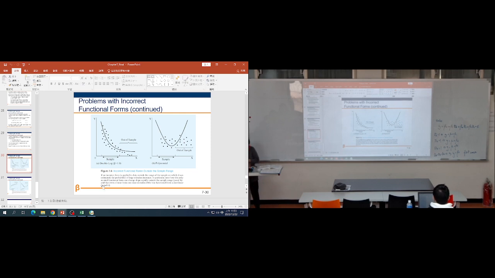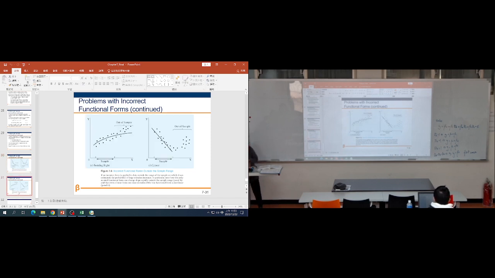Then if this is semi-log, and my original data is like this one, and I use this part as my sample, then I'm forecasting this one. So this part will be a forecasting error, and this one is linear.